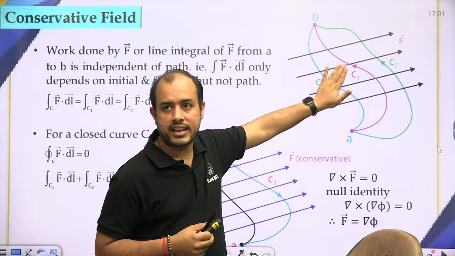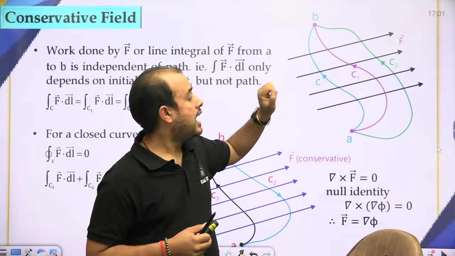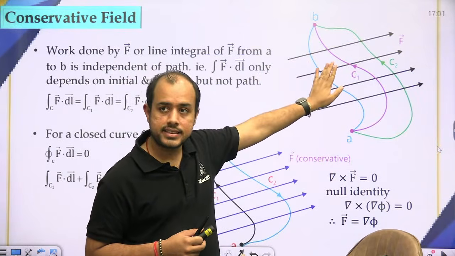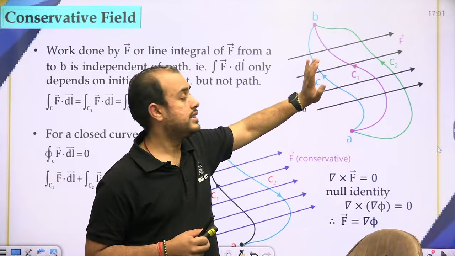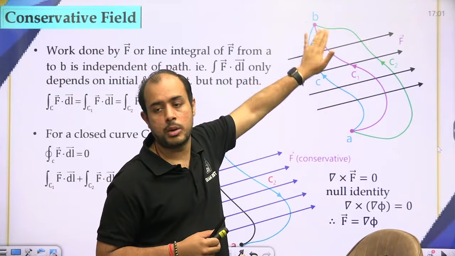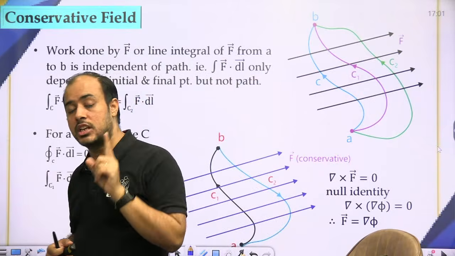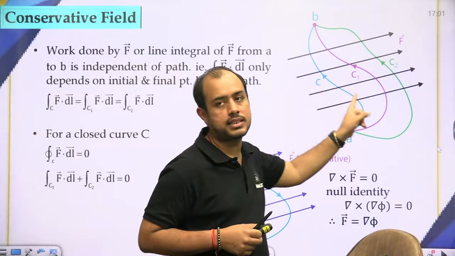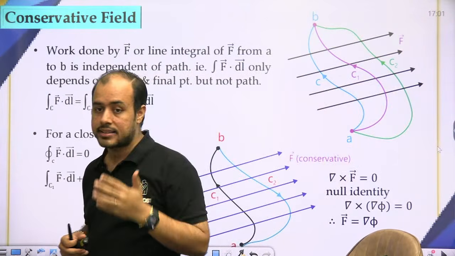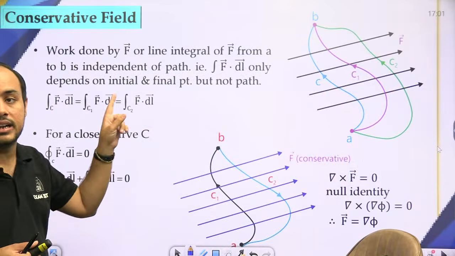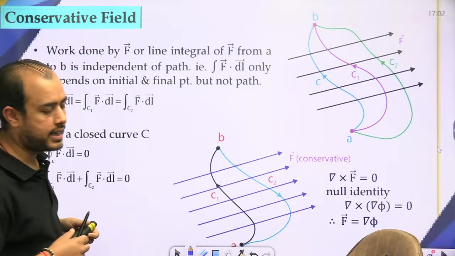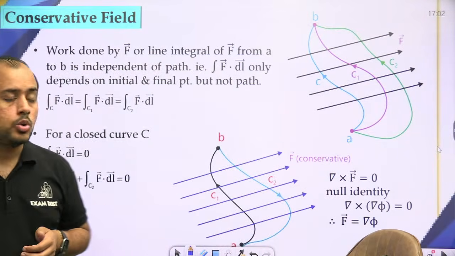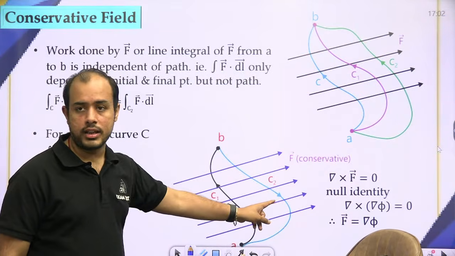So if this F vector, these arrows, is a vector field, and I want to integrate it from point A to B, and this is a conservative field, then it does not matter how I go from A to B. The line integration will depend on the end points of the curve, not on the path taken by the curve. कर्व किस रास्ते से जा रहा है मैटर नहीं करता है, मैटर ये करता है स्टार्टिंग और एंडिंग पॉइंट्स आपके क्या हैं, ठीक है। It depends only on the initial and final points.